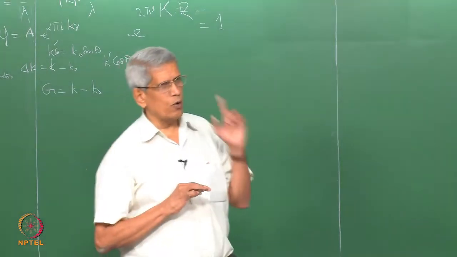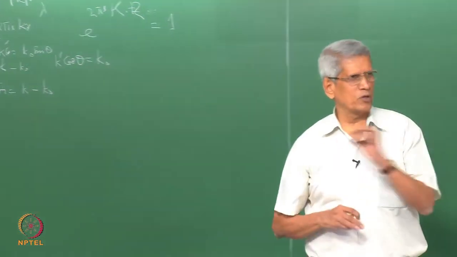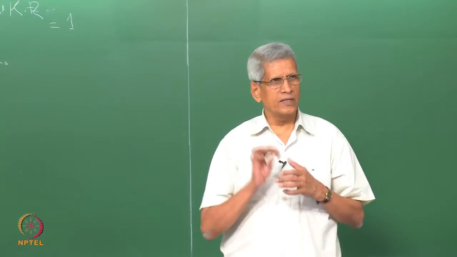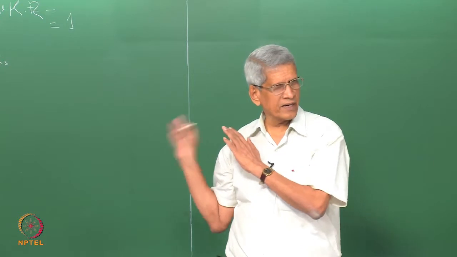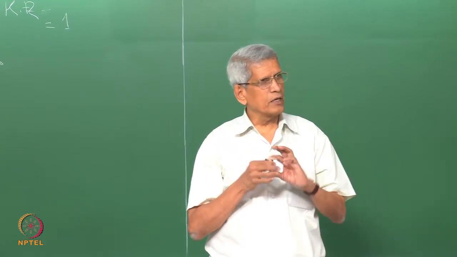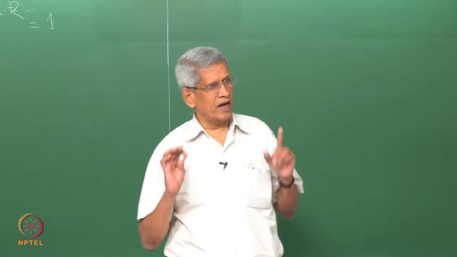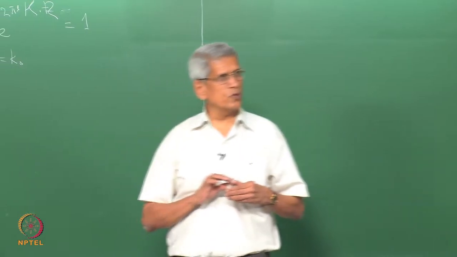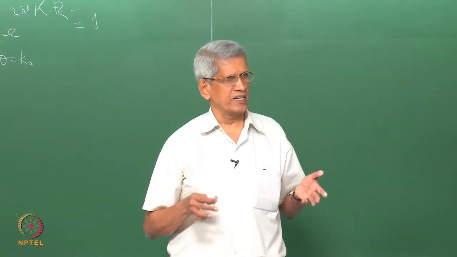So, if you take a locus of all the vectors with respect to the origin, all these scattered beam vectors are going to lie on the surface of a sphere, correct. So, this is the basis of the Ewald sphere construction.